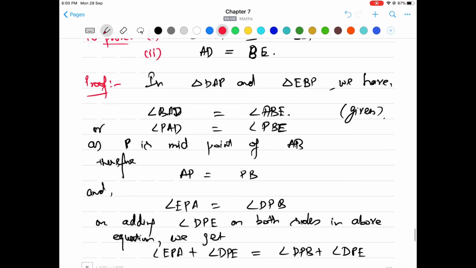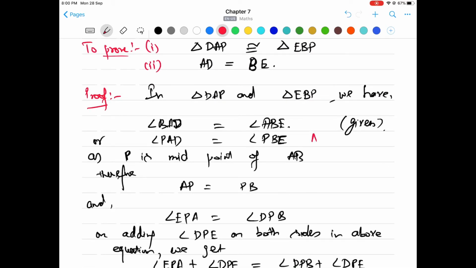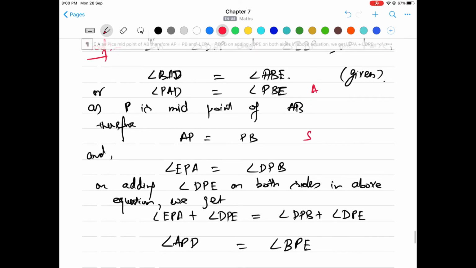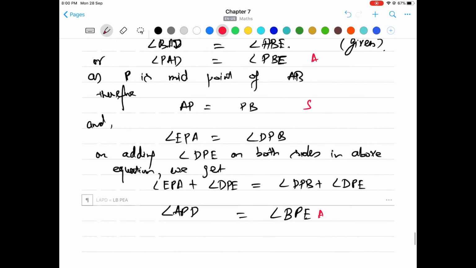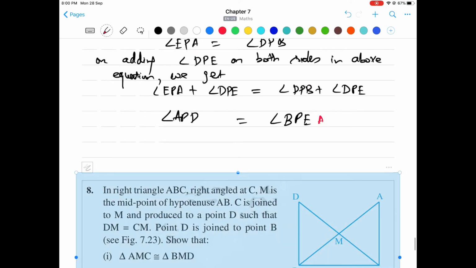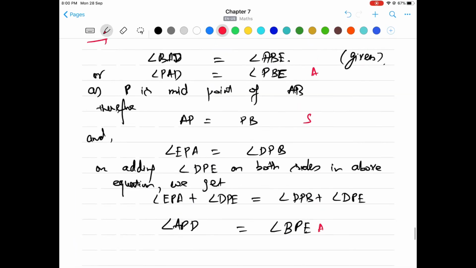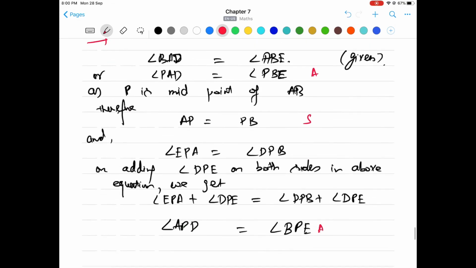Now you can see that we have got an angle A, a side S, and another angle A. So by the angle side angle congruence rule these two triangles will be congruent.